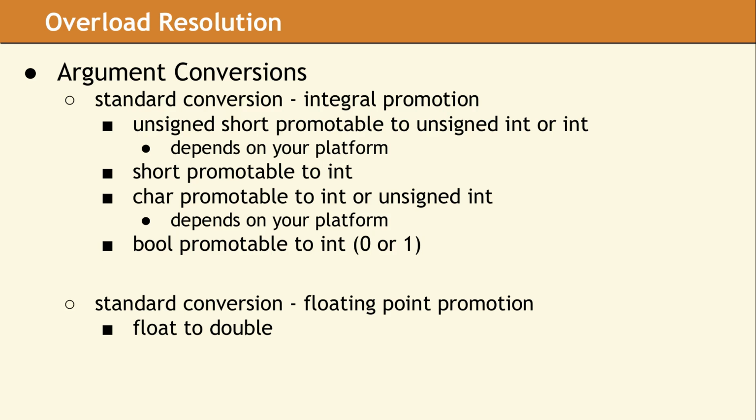It may not be obvious or intuitive, but the C++ standard defines that an int to a long is not a promotion, but rather a conversion. This is very important since a promotion is considered a better match for overload resolution than a conversion. The other type of promotion is floating point promotion, which promotes a float to a double.